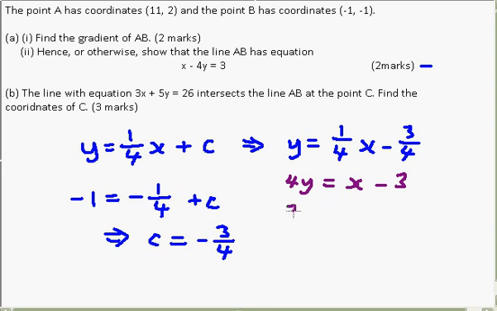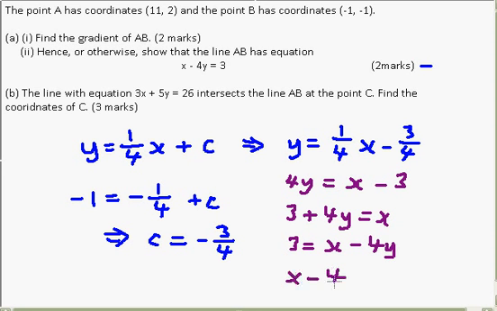Let's add 3 to both sides, so I get 3 plus 4y equals x, and let's take 4y from both sides, which leaves me 3 is equal to x minus 4y, or in other words, as shown in the question, x minus 4y equals 3. So that's a little bit of manipulation there.